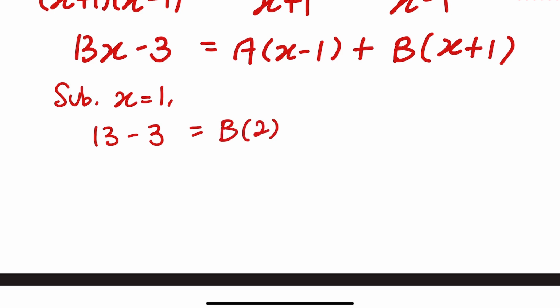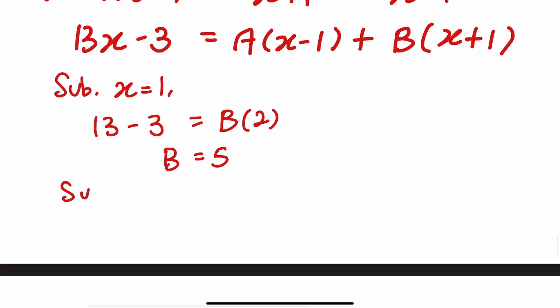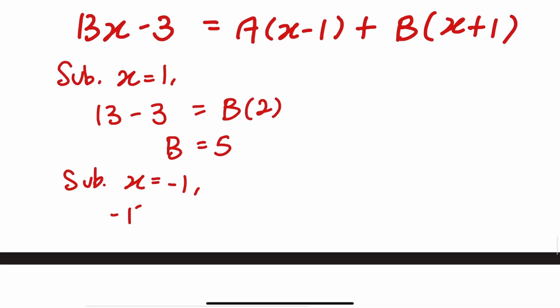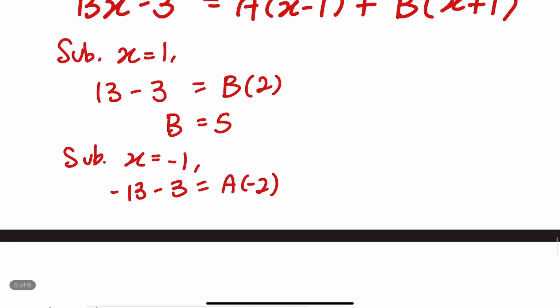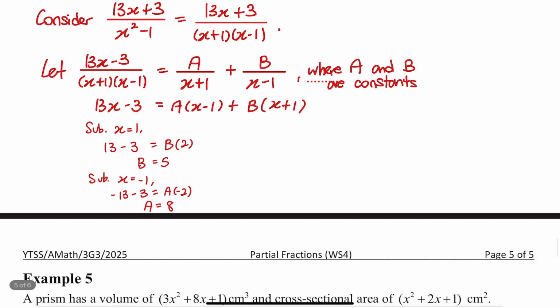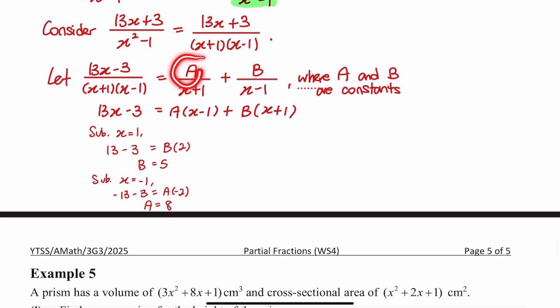So therefore, 2B equals 10, B equals 5. If I sub x equals negative 1, negative 13 minus 3 will equal A times negative 2. The B will disappear. A will be equal to 8. So therefore, I found the values of A and B.